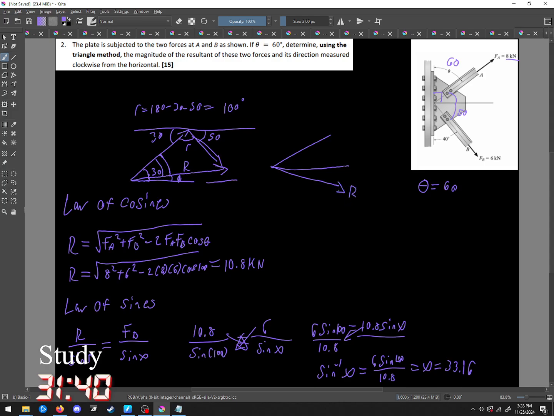R is actually below. This is the x-axis. This is F A. We know this angle here is 30 degrees. And we know that this angle is 33.16 degrees. Then what's this angle here?